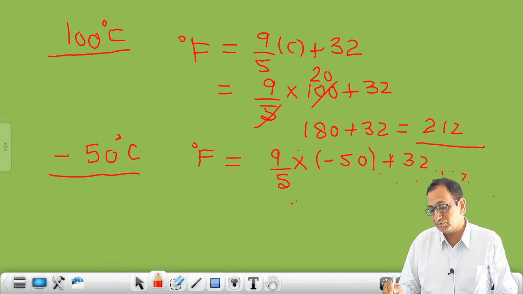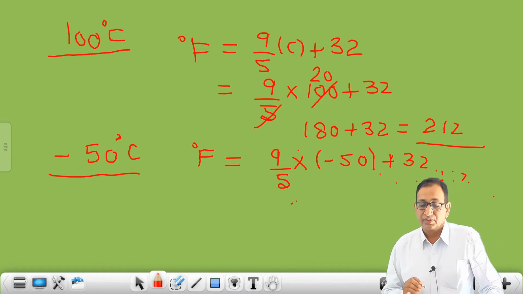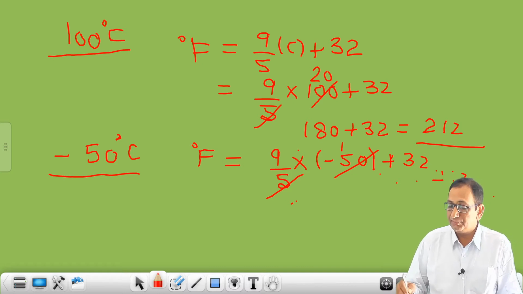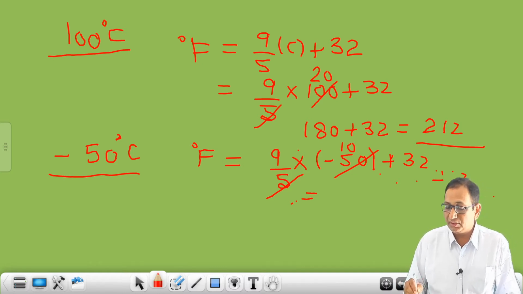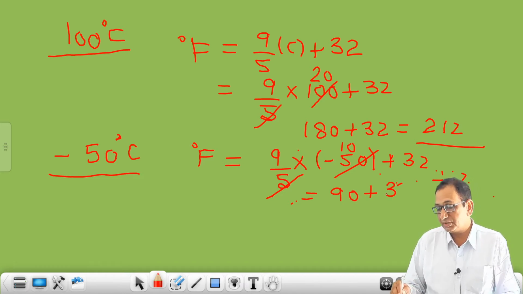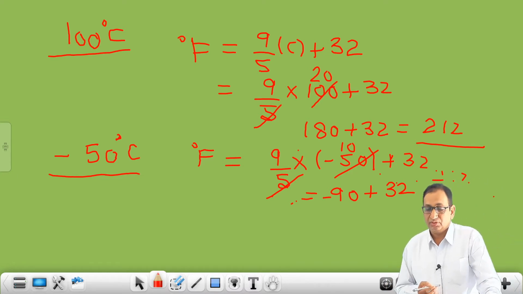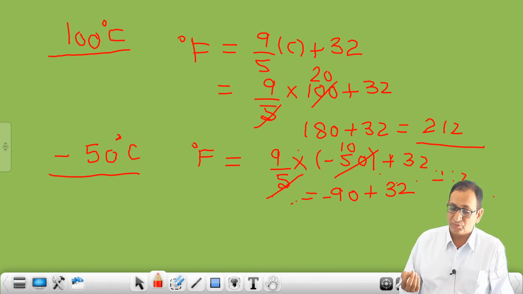Next, students, if you cancel out, 5 tens are 50. So minus 10 into 9 will be minus 90, and here plus 32. So minus 90 plus 32, the answer will come in minus only, because the value of the minus is more.